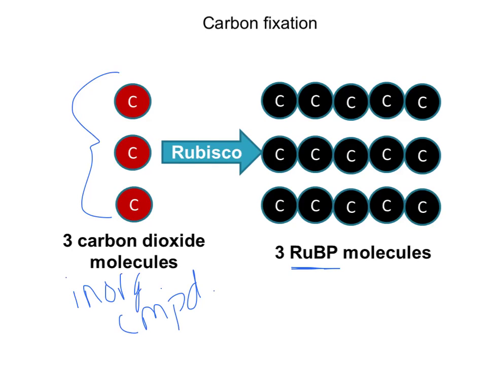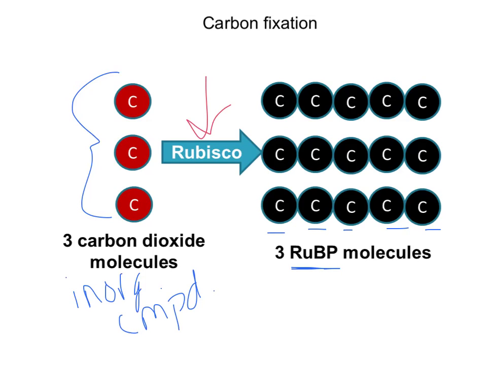RuBP is a 5-carbon sugar, and if you count your carbons here, I've got 5 carbons in each of these molecules of RuBP. It uses the enzyme Rubisco to join these together.